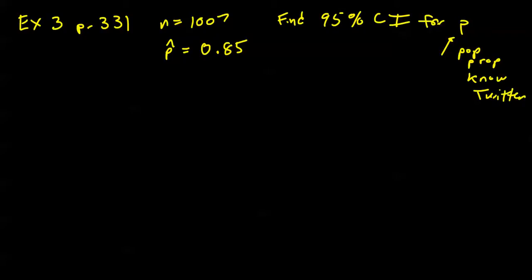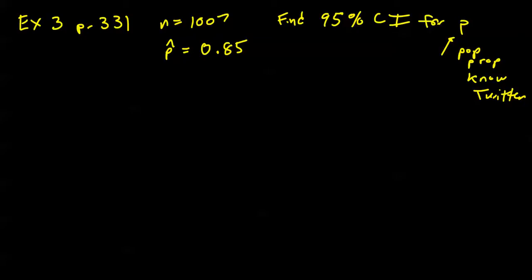And typically we will never know little p exactly. Populations contain millions, maybe billions of elements, and we can't ask all the people in all the world, do you recognize Twitter? So what we're going to do is create a confidence interval to estimate that population proportion, right?